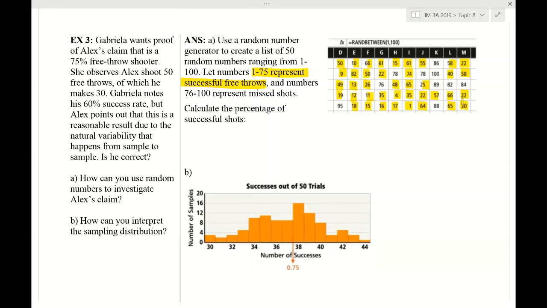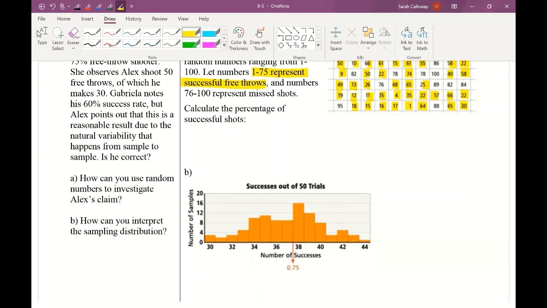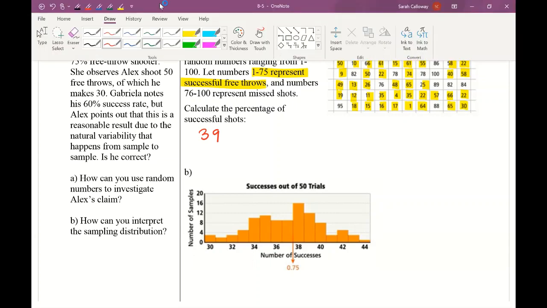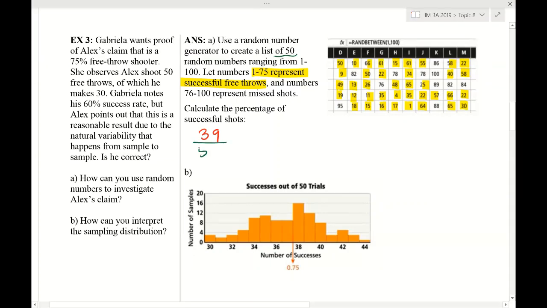Okay, I counted an extra one, so that gives us 39 successful shots. So in this simulation, there were 39 successful shots out of a list of 50 random numbers.